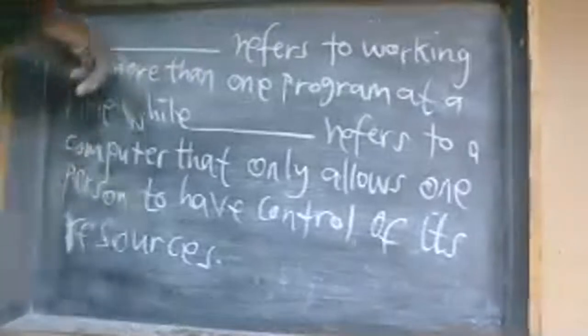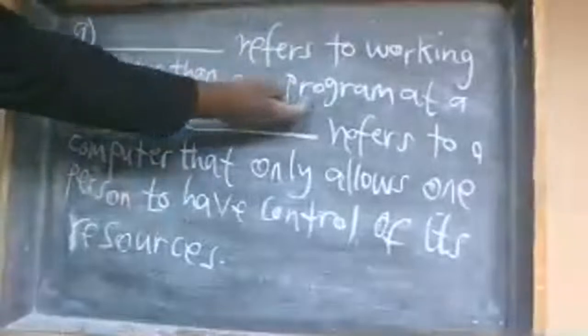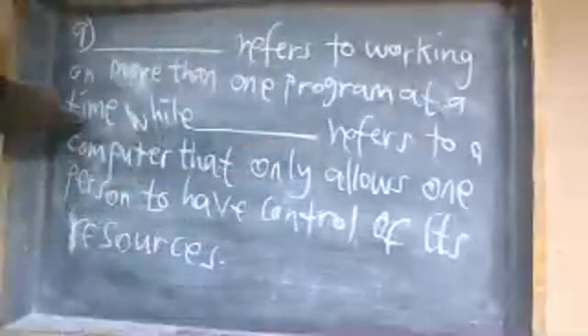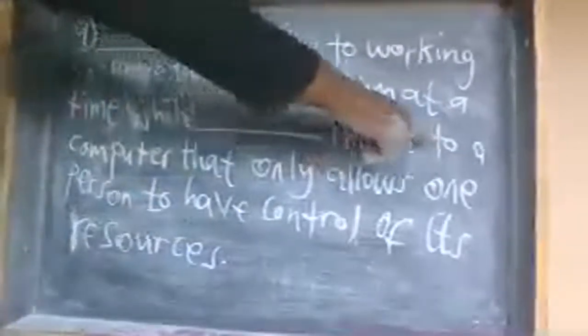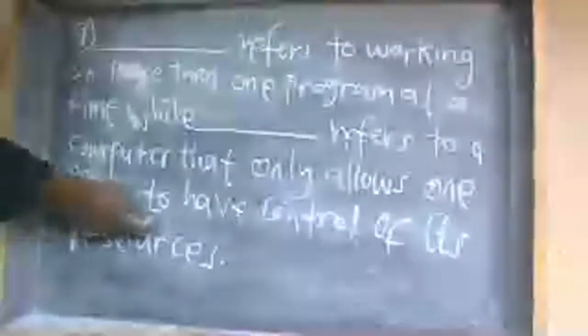So dash refers to working on more than one program at a time, while dash refers to a computer that only allows one person to have control of its resources.